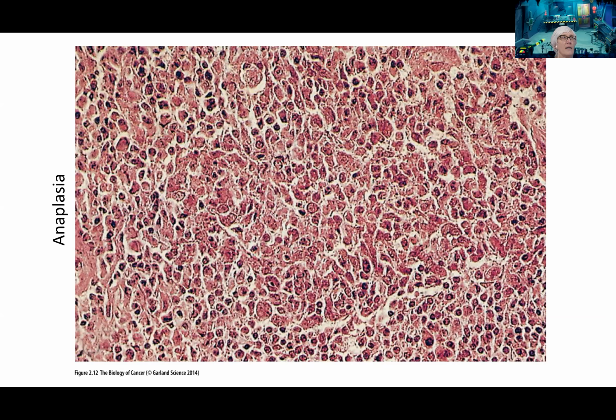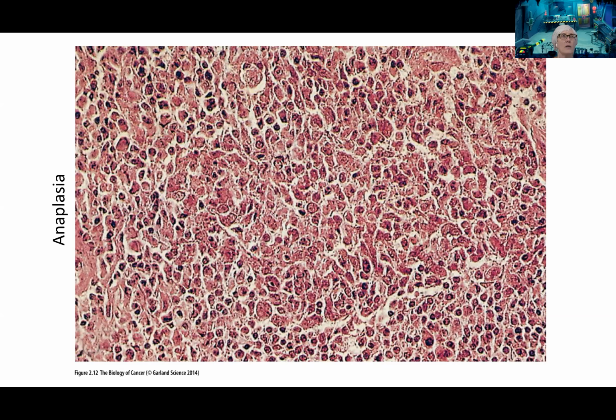So as an example, we'll look at leiomyosarcomas, which are smooth muscle cancers. Normally, smooth muscle cells function as smooth muscle, and so they're going to be producing the protein smooth muscle actin.